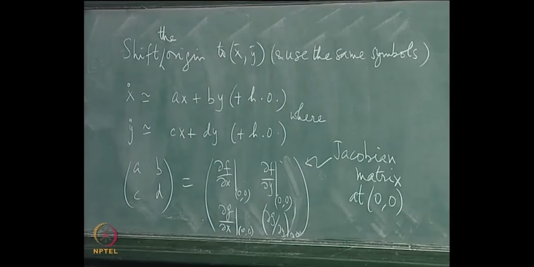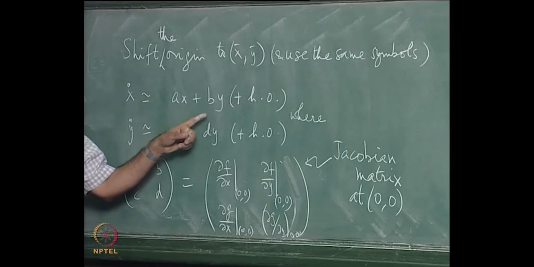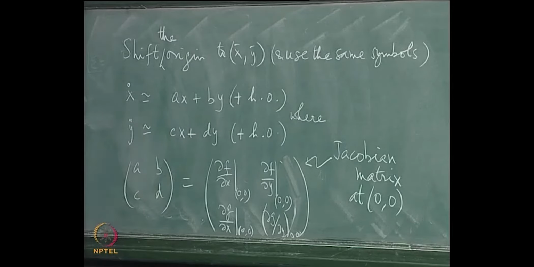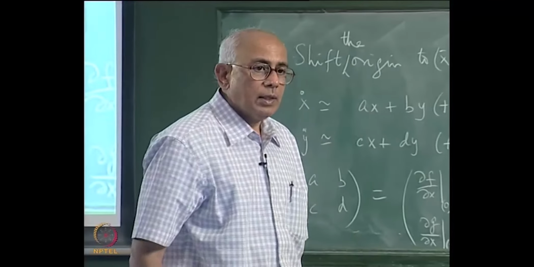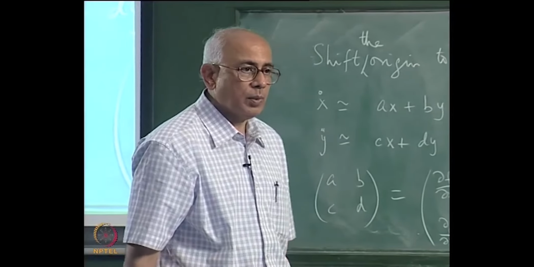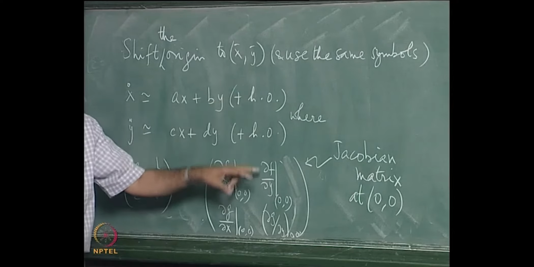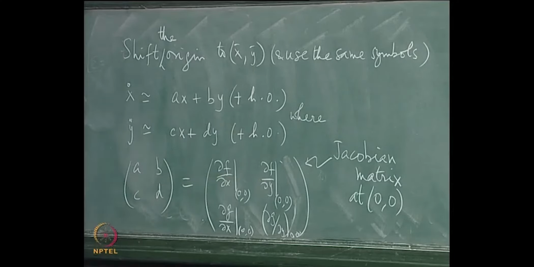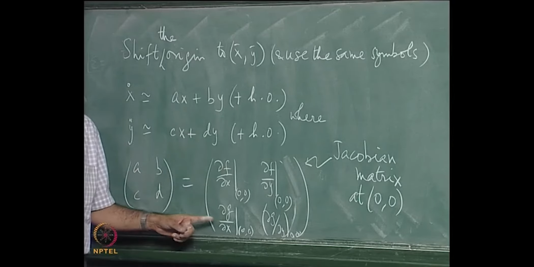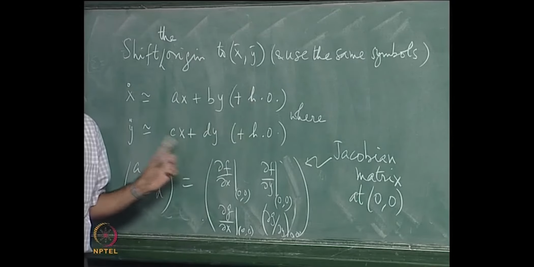And the system looks like this, provided these terms are present, provided these partial derivatives are not 0. This is what the flow looks like near this point. And now the question is, we would like to understand what the flow does in the vicinity of this point by looking at the linear approximation in which you get rid of these terms, and therefore sufficiently close to the origin, you could neglect these terms and just look at the linear system.